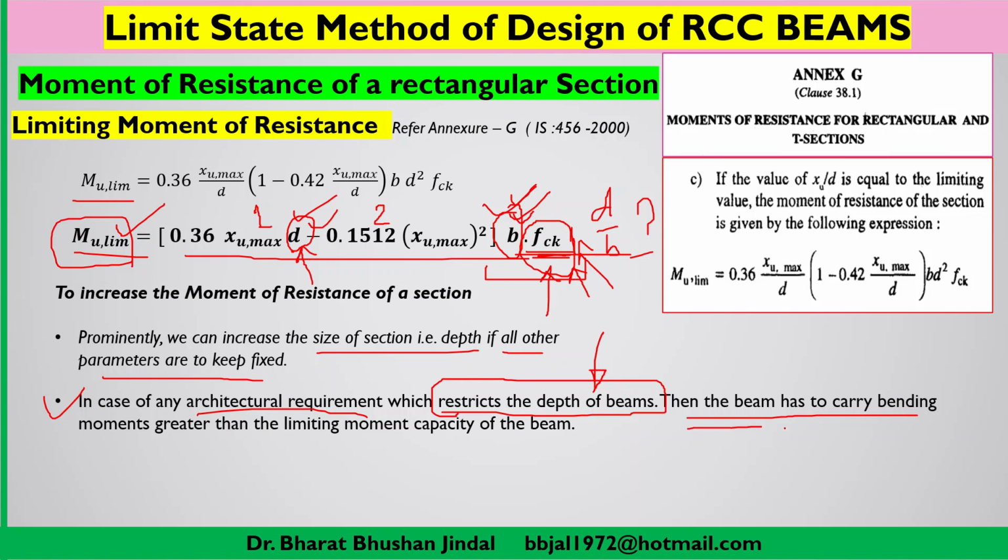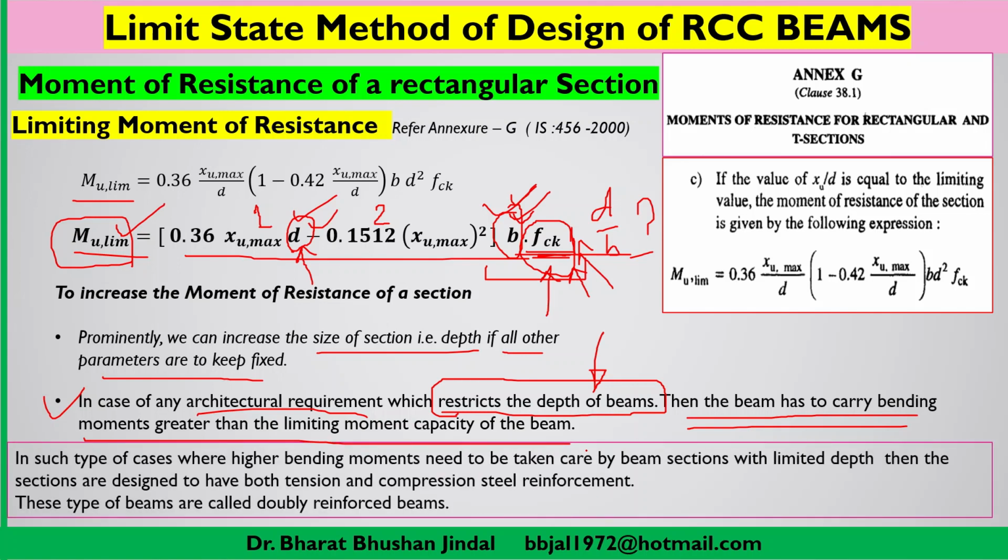So what we want to discuss is, if these are some of the restrictions imposed on the designer, and the beam has to carry a moment greater than the limiting moment capacity of the beam, then what is the option with the designer? In such cases where higher bending moment needs to be taken care of by beam sections with limited depth, the sections are designed to have both tension as well as compression reinforcement.